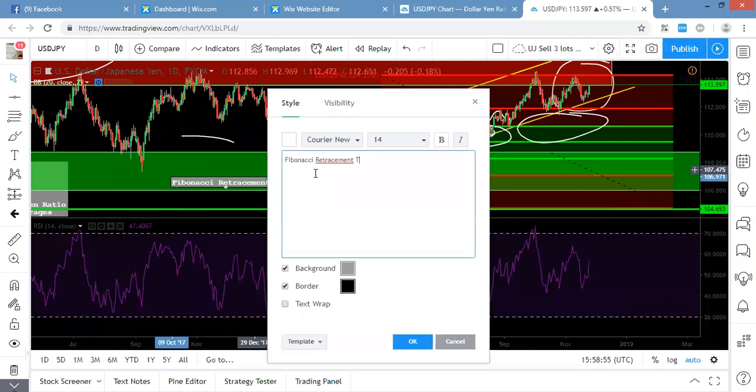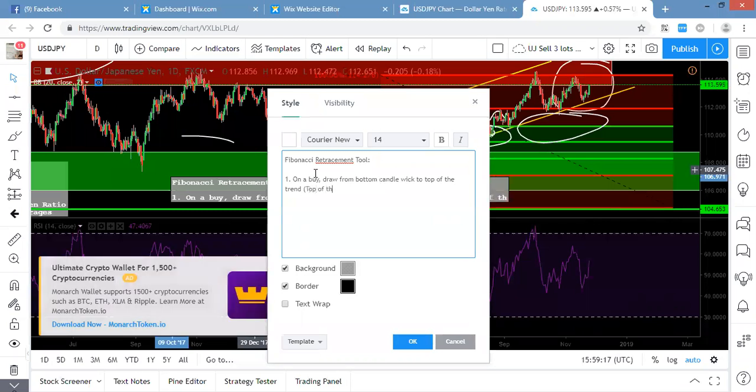Fibonacci retracement tool. Number one, on a buy, draw from the bottom candle wick to the top of the trend, really to the top of the wick.